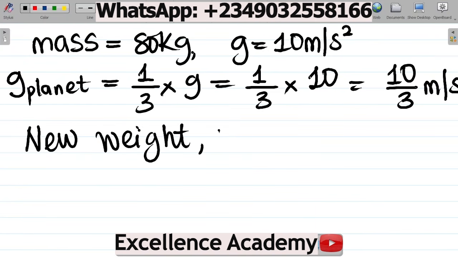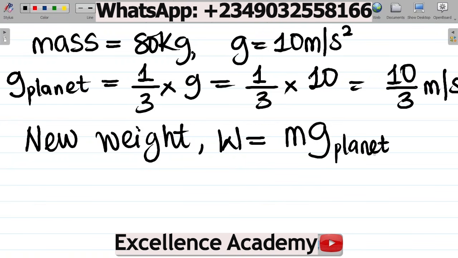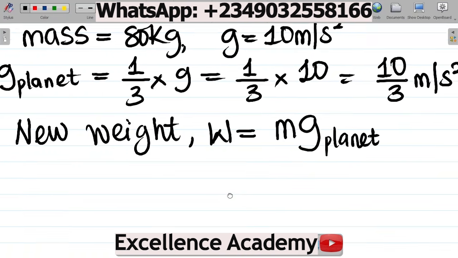The new weight, W, will be equal to, we know that weight is mass times gravity, all right? Now, mass is constant, it does not change. Hence, for the gravity, we use the gravity on that planet. So mass times the acceleration due to gravity on that planet.